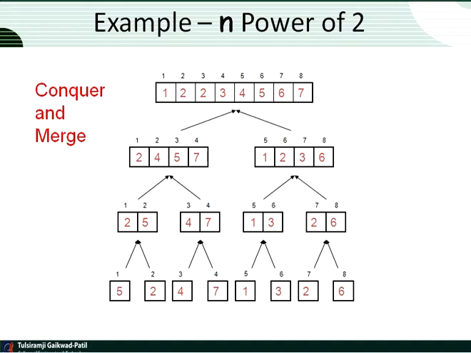Now we have two different lists with us of 4 elements each. On the left hand side 2 4 5 7 is there, and on the right hand side 1 2 3 6 is there. How to merge it? 2 4 5 7 is compared with 1 2 3 6.